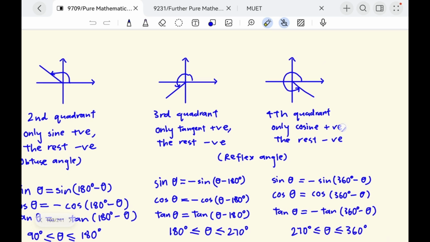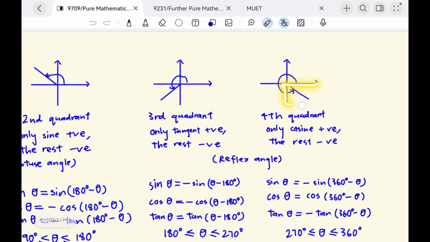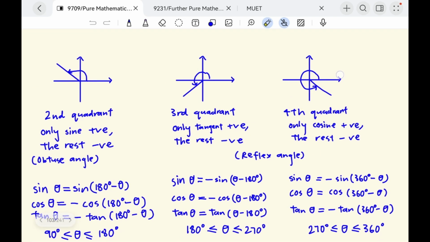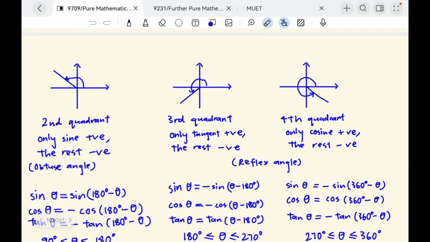So what's next? The fourth quadrant. Only the x direction is positive, but the y direction is negative. So for this fourth quadrant, we can only say that cosine is positive, and the rest is negative, because the y direction is negative.